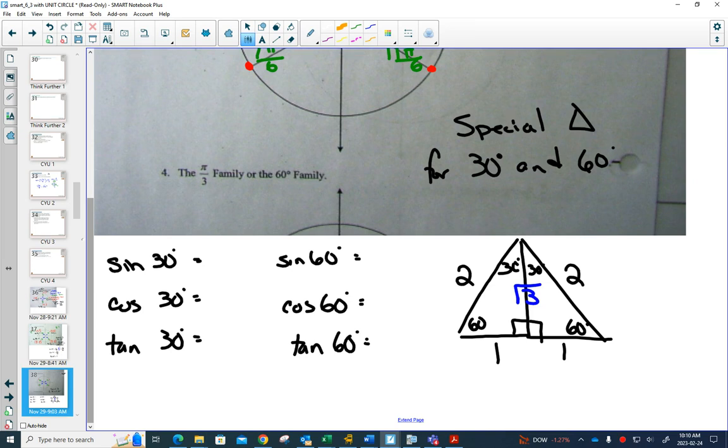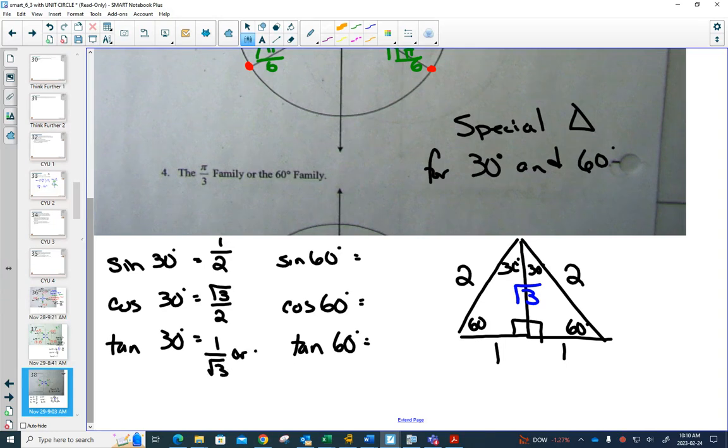So sine would be opposite over hypotenuse. This will be 1 over 2. Cos will be adjacent over hypotenuse. This will be the square root of 3 over 2. And tangent would be opposite over adjacent, 1 over root 3.